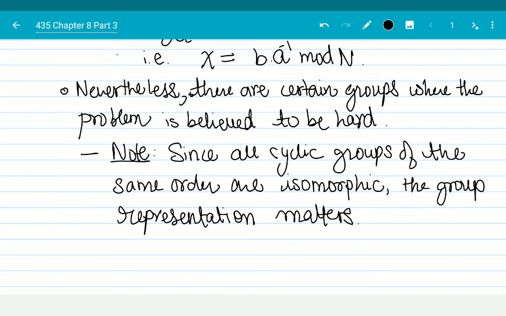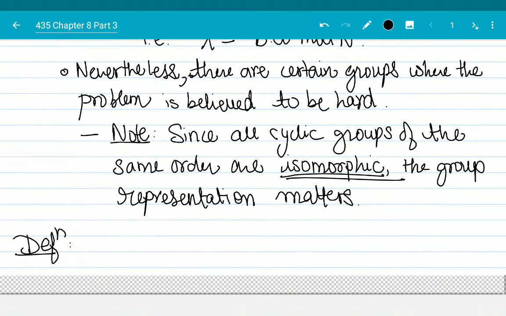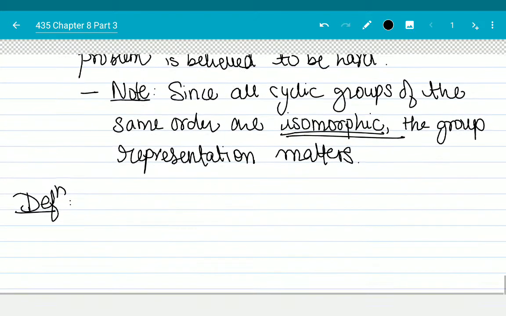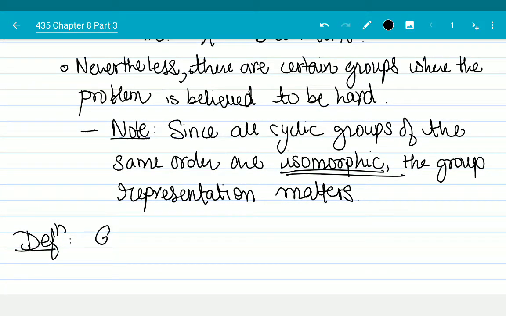Okay. What is isomorphic? Definition. It is an extremely important definition. I'm not sure how often we'll be using it, which is why I didn't define it before, but it is an extremely important definition in terms of groups.